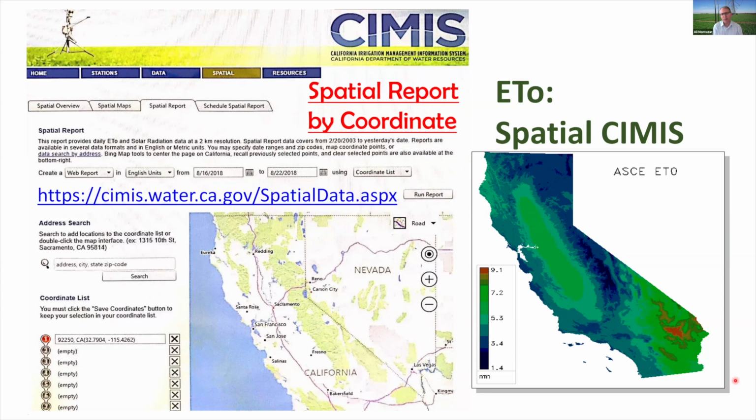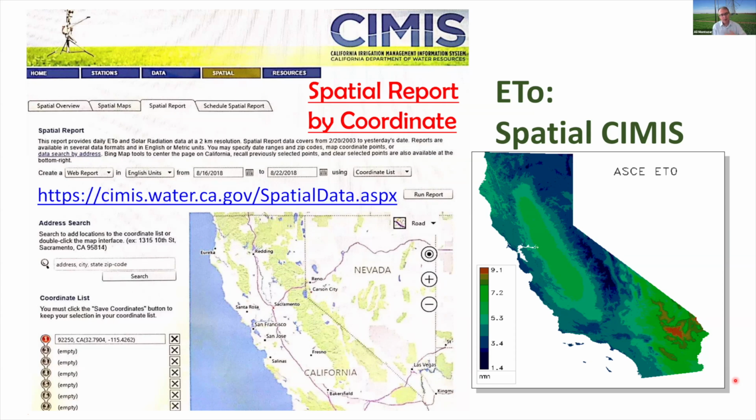So what you need to do is go to this website, go to the spatial report by coordinate web page, create a free account for yourself, and provide the coordinates of the center of your orchard. It doesn't matter, you can add 10 different locations or 10 different orchards if you have, or even other crops you might have.